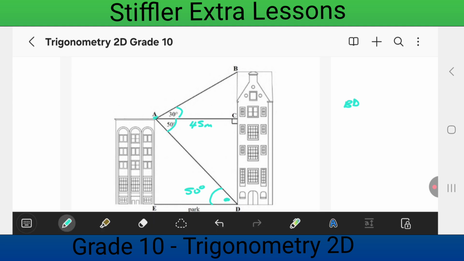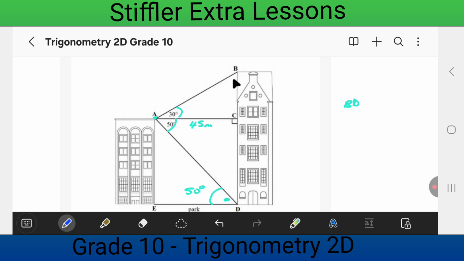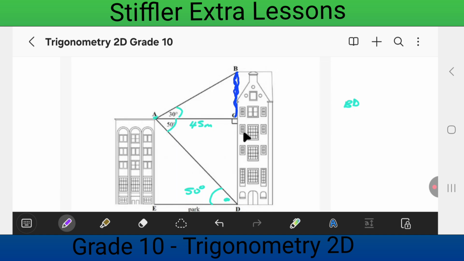BD is connected by this line in the smaller triangle, and we can also see line CD in the bigger triangle. So if we can find the length of this line in the smaller triangle, and the line in the bigger triangle, we can find BD.